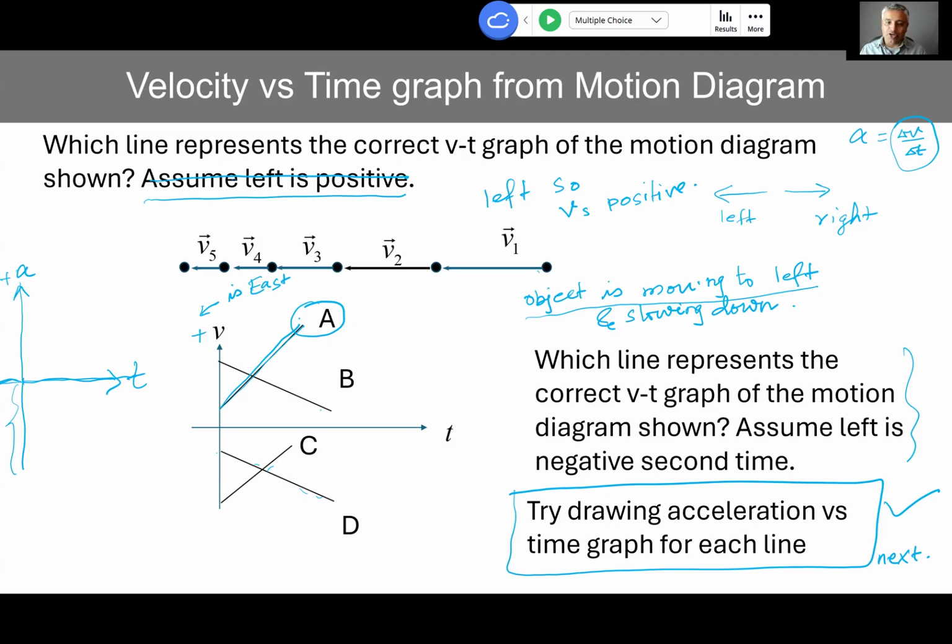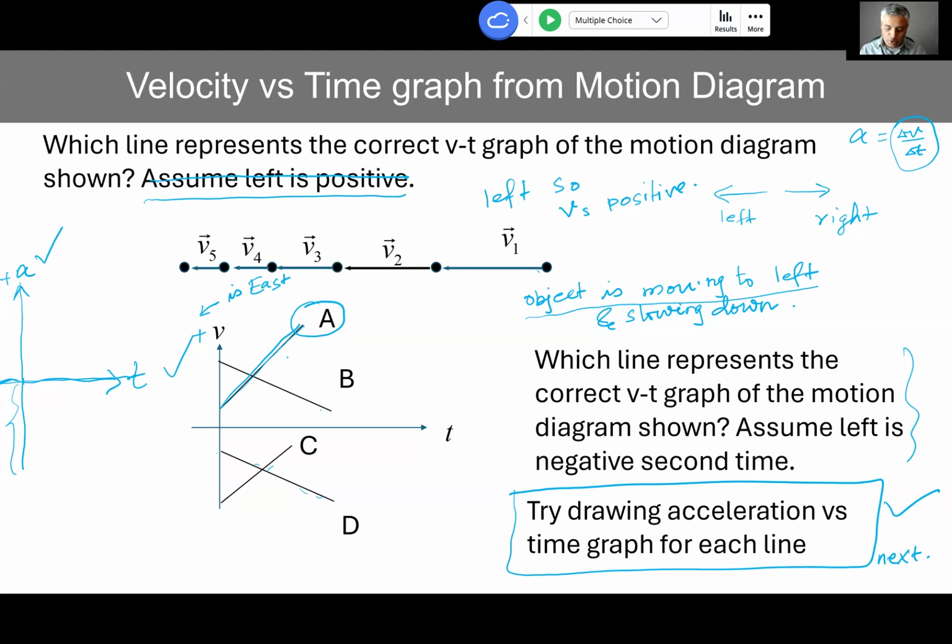So if I were to draw that line on the acceleration versus time graph, constant means the slope would be what? Zero, which means it would be a flat line. Now, will it go to the positive side or negative side?